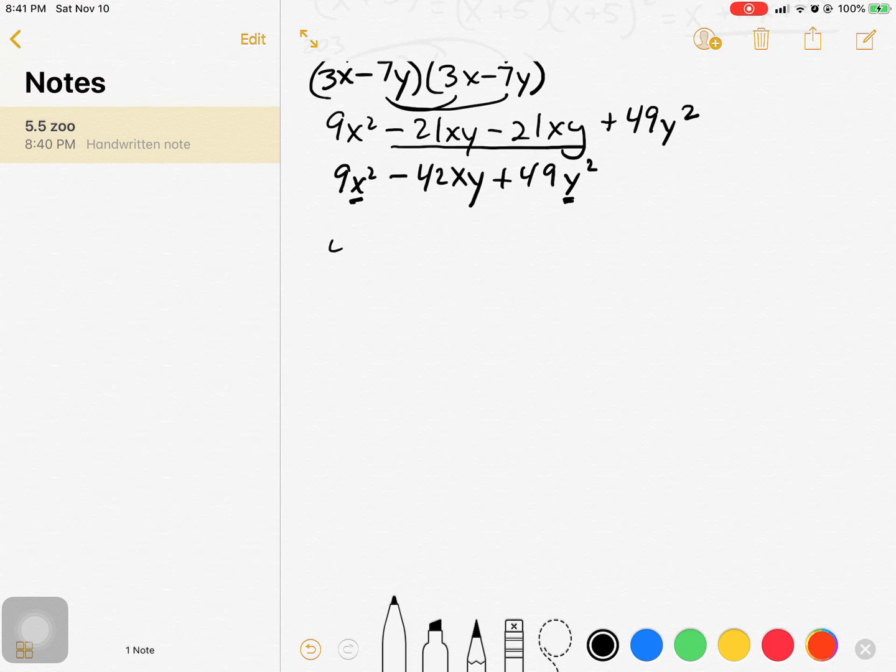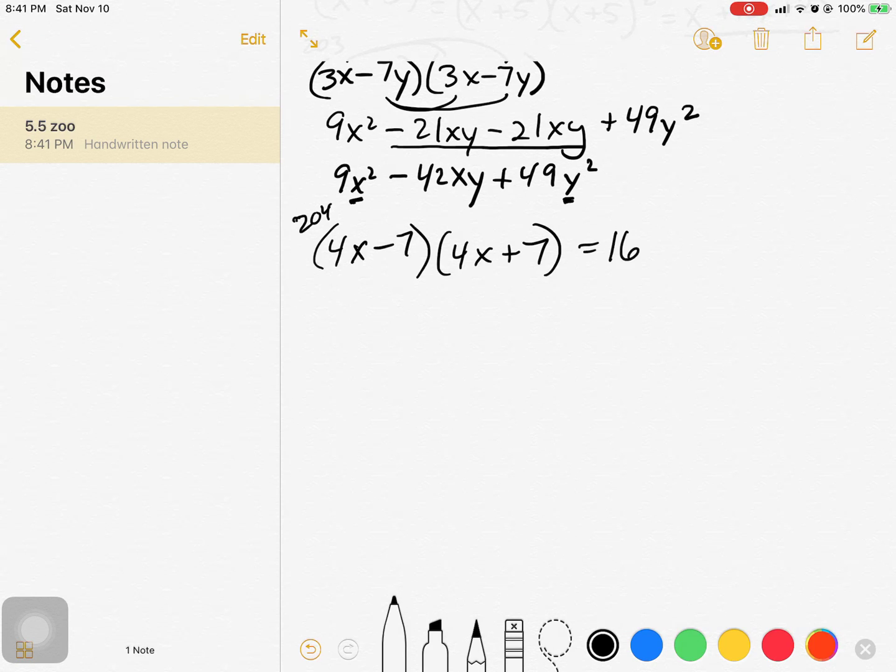What if we had, there's lots of examples in 204, how about 4x minus 7 times 4x plus 7. So maybe they want you to look at it and go, the first is the same, the last is the same, and you have opposite signs.